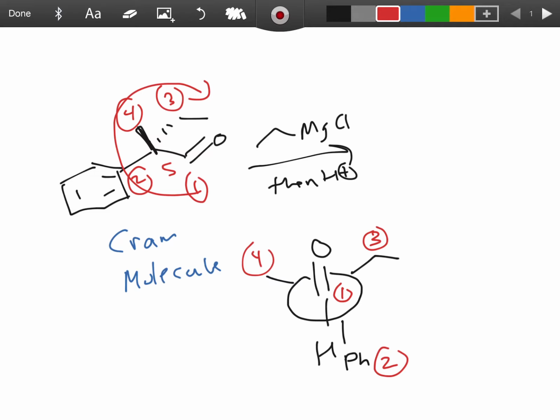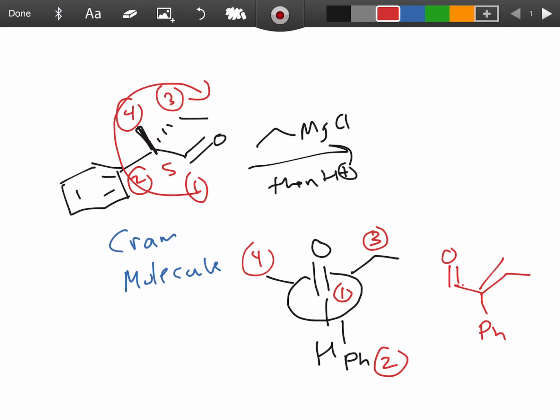So in my head, I'm just turning it, away from you, like this. So the low priority group points away from me, and that puts the aldehyde on the left, then the phenyl at the bottom, and then the ethyl is like this. So in my head I'm making it look like this.